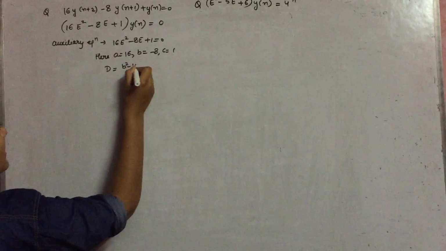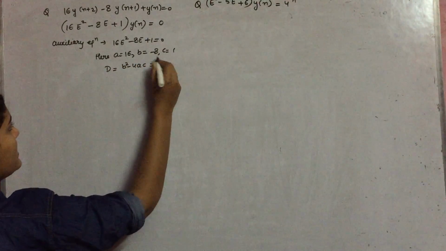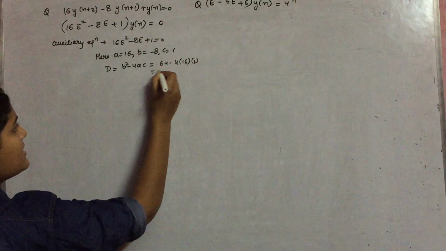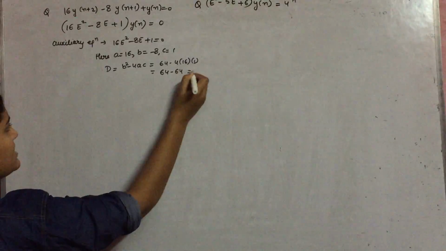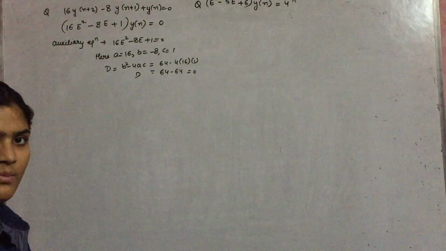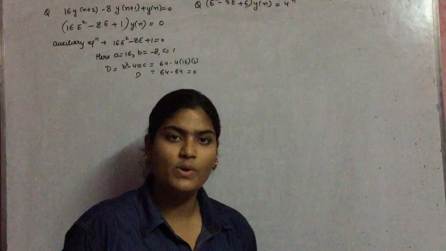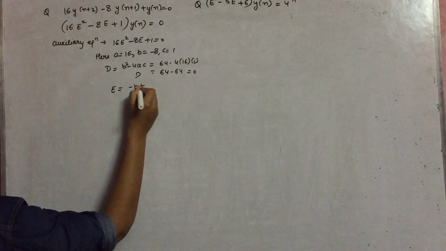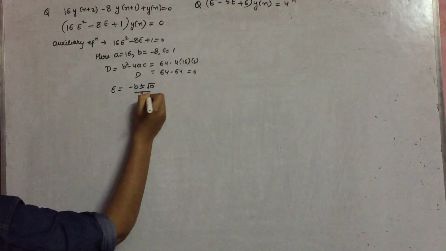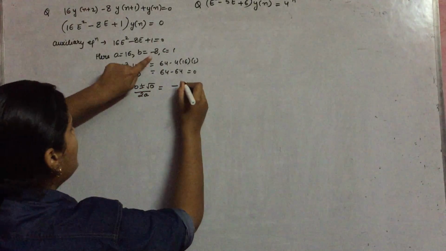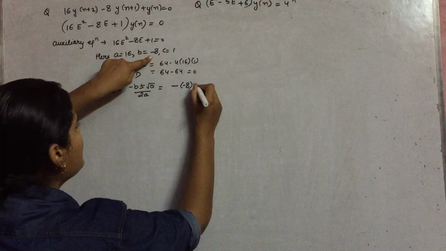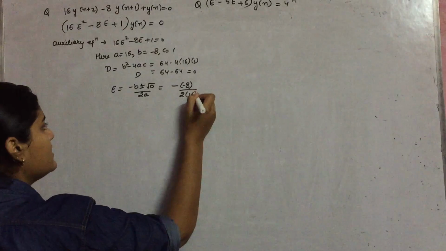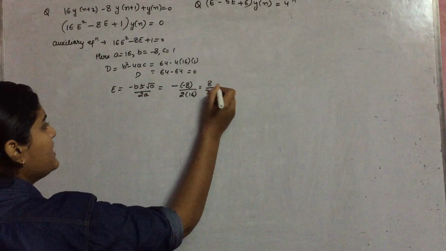So D becomes b square minus 4ac, that means 64 minus 64, that means 0. As we know, if the discriminant comes out to be 0, then there are two equal roots. E is equal to minus b plus minus root D upon 2a. Here minus b is 8, plus minus root D is 0, you have to neglect it, and 2a is 32. So 8 by 32, that means 1 by 4.